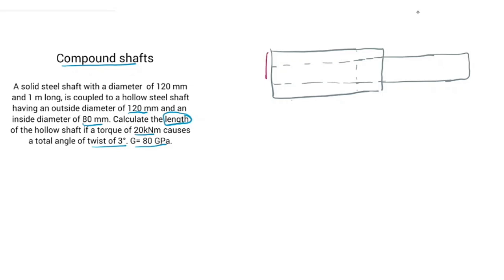So this one has the bigger diameter with a capital letter D, and this one is a smaller diameter with a small letter d. This one is a hollow shaft. This one is a hollow shaft. This one is a solid shaft.